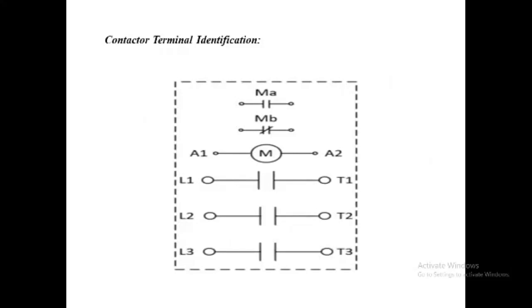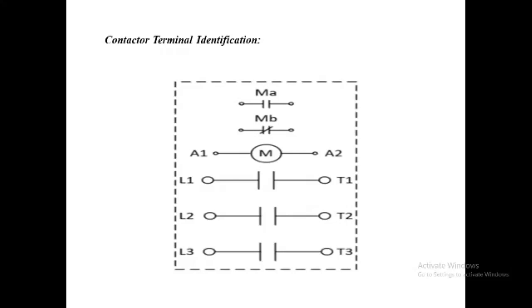A magnetic starter consists of a contactor which operates by the magnetic field created when electrical current flows through a coil. When the coil is energized, it creates a magnetic force which closes the contacts, allowing power to flow to the motor.